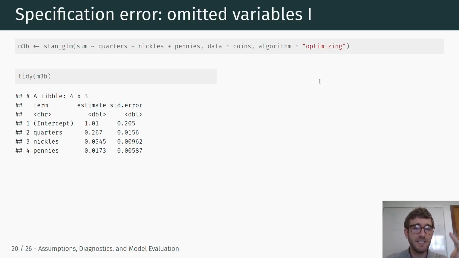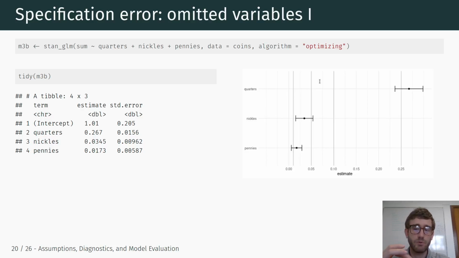So in expectation, it is still true that if we compare two groups and the number of quarters is just increased by 1 in one of those groups, then we can still say that in expectation, the value of the coins in that pocket is 25 cents higher, right?